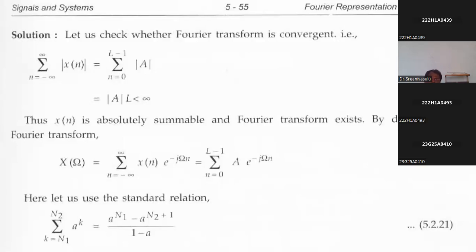So first consider what is the given data: the rectangular sequence, with the limits as given.